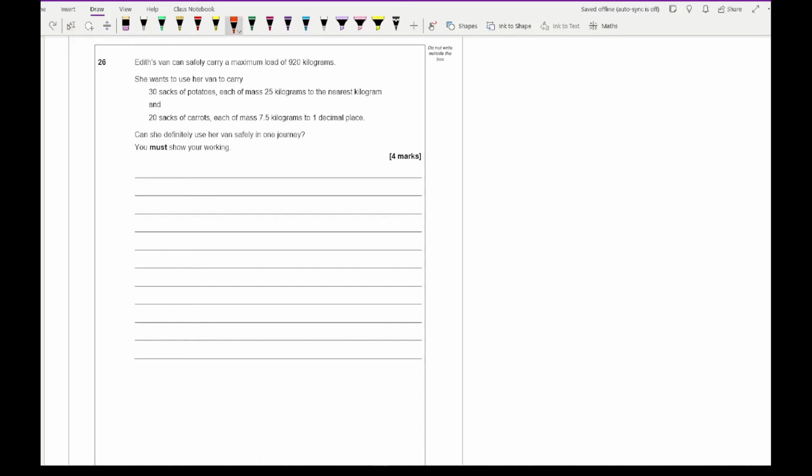In terms of the potatoes, we want to look at the bounds of these. We can see that it's been rounded to the nearest kilogram, so it's going to be plus or minus 0.5 kilograms. So let's have a look at what the limit's going to be first. It's going to be 24.5 and 25.5, so we'll take 25.5.